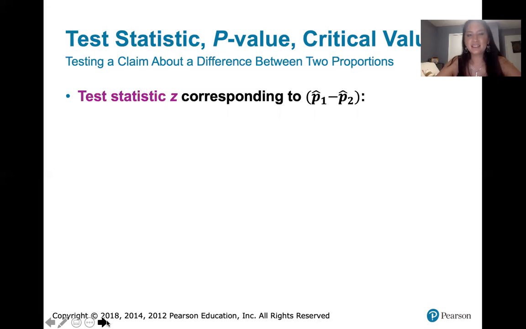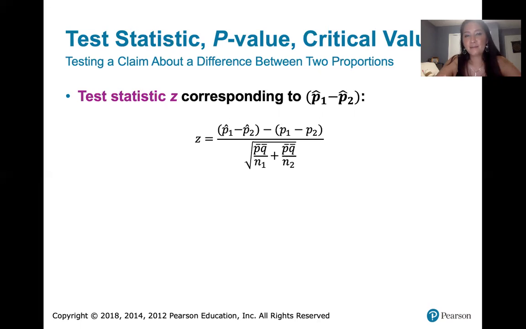So we're going to compute a test statistic, and that's going to be a z-score corresponding to p1 hat minus p2 hat. It will be computed using this formula, and it yields a number of standard deviations that p1 hat minus p2 hat is above or below the mean, assuming that the null hypothesis is true.